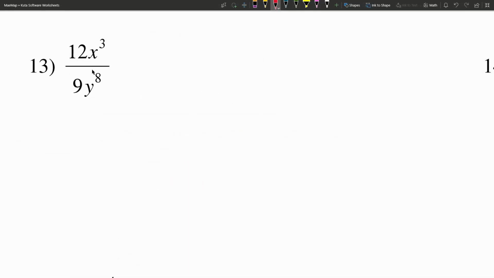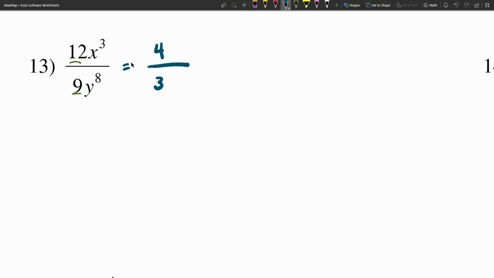In number 13, we have 12x cubed over 9y to the 8th. But think about this. Do we have the same base? No, a base of x is not the same as a base of y. Those are not the same bases, so we're not going to be able to simplify those down. However, we can simplify down 12 and 9 because both are divisible by 3. So 12 divided by 3 is going to give us 4, and 9 divided by 3 is going to give us 3.